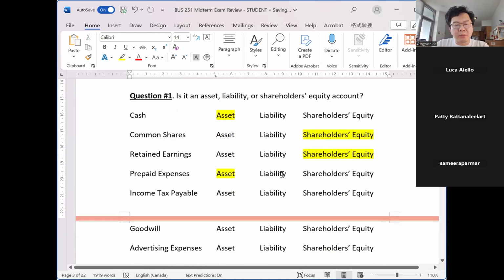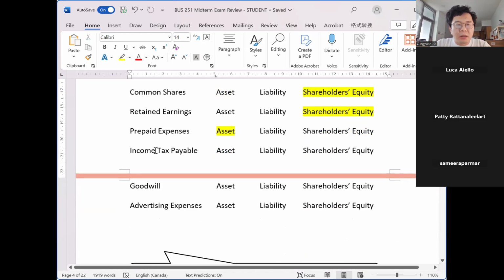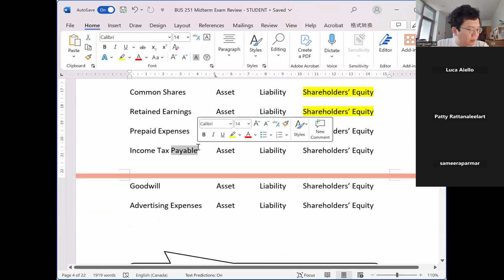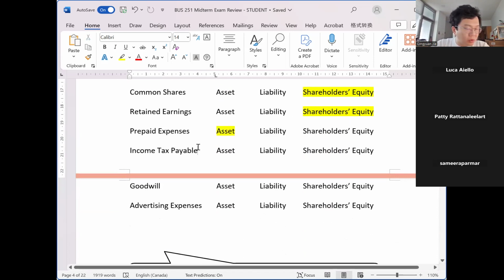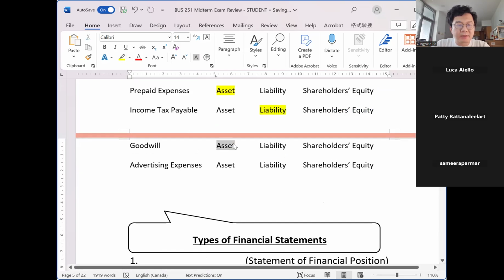This prepaid expense will bring you future benefit. And next one, income tax payable. Whenever we see something like payable, it goes to liability. And goodwill is an asset.